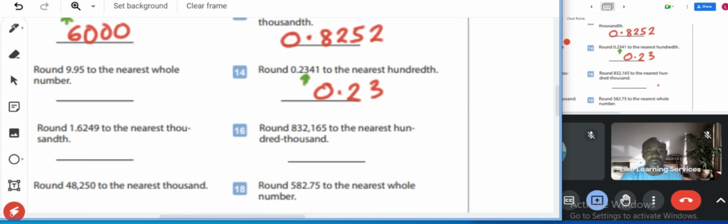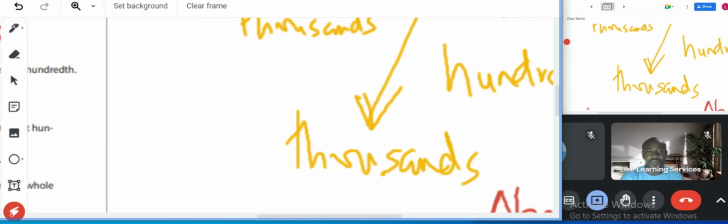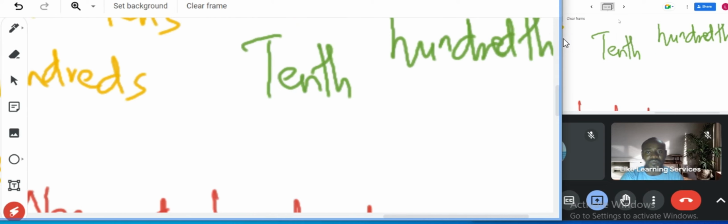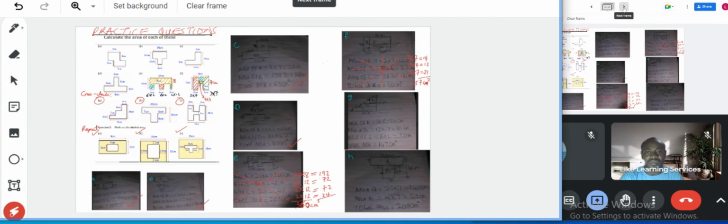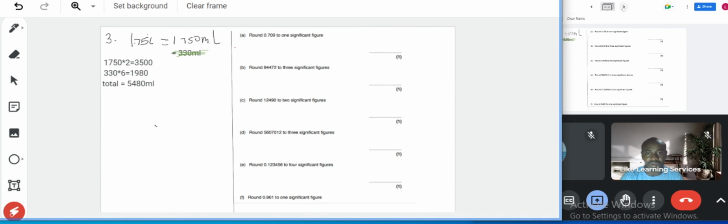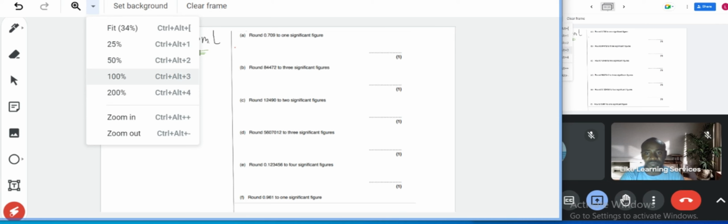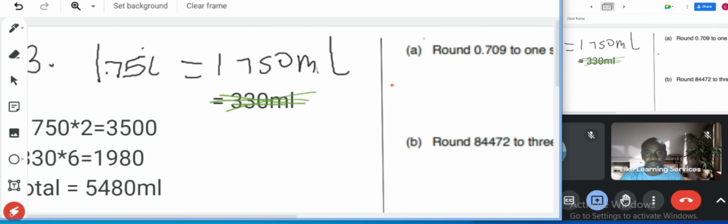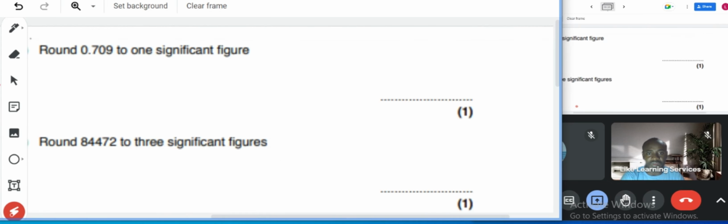All right, I want us to look at more examples that have to do with significant figures. Let's see, we should have significant figures somewhere. Okay, let's look at this one. This one has some significant figures.